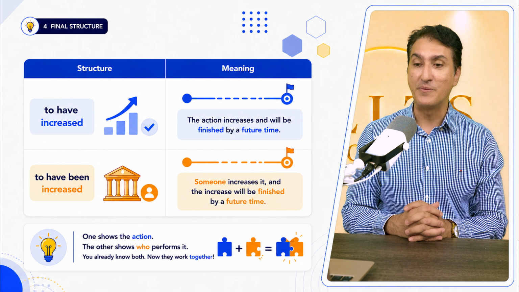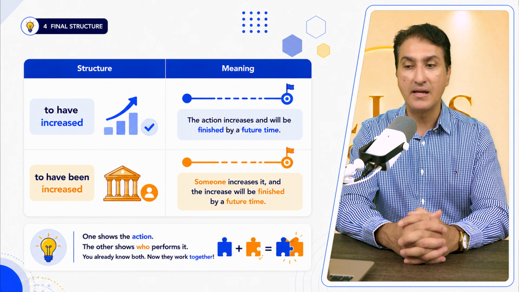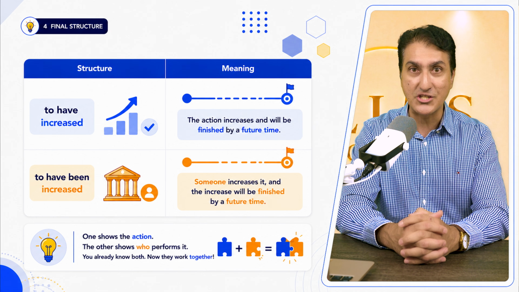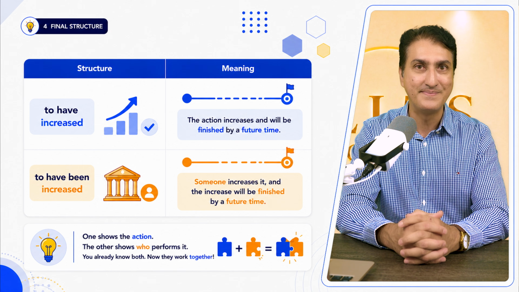So remember, if nobody does the action, use to have increased. If someone does the action, use to have been increased. So I don't really have to learn a completely new grammar structure. I just need to combine two rules I already know. That's exactly right. Once you understand the first three structures, the fourth one becomes much easier.